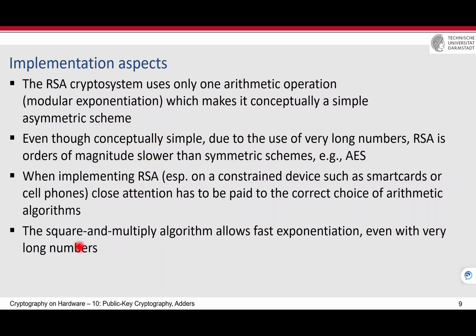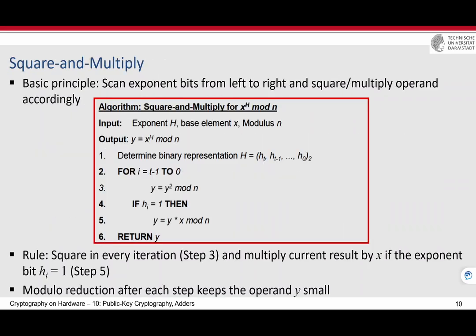You probably already learned the square and multiply algorithm, which is fast. It has its own problems, but at the moment, as a basic concept, it's just square and multiply. You have h as the input exponent and x as the element that you want to compute x to the h modulo n.